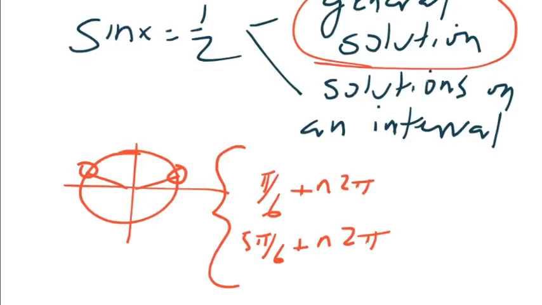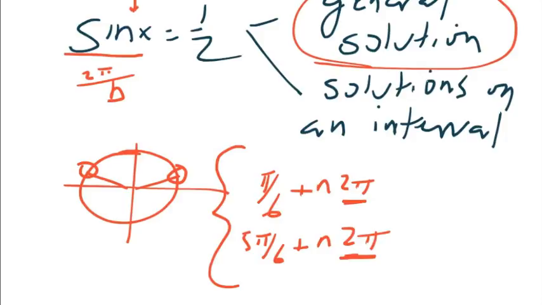Now, just one word of caution, this is the period of your function. So for sine, cosine, secant, cosecant, the period is 2 pi over b. Well, in this case, b is 1, so the period is 2 pi. So you always have to pay attention to what the period of the function is, because that's what's going to go here in finding the general solution.